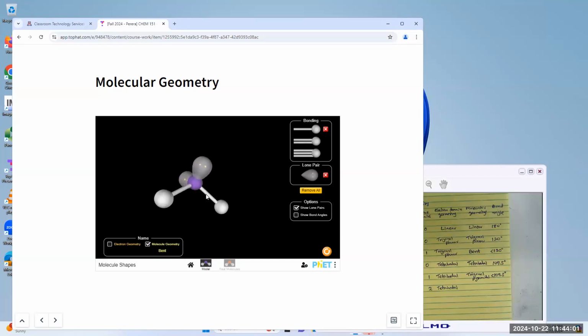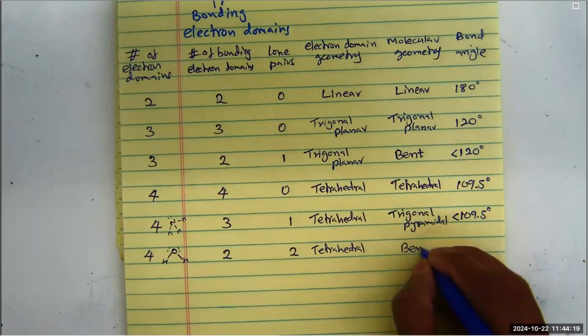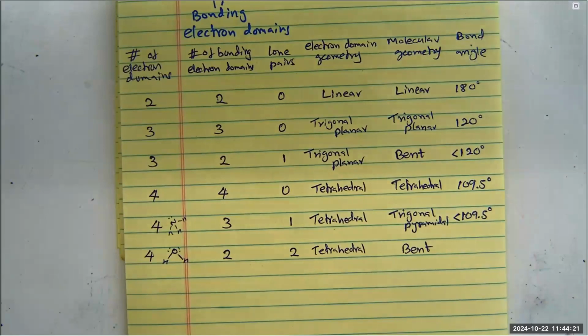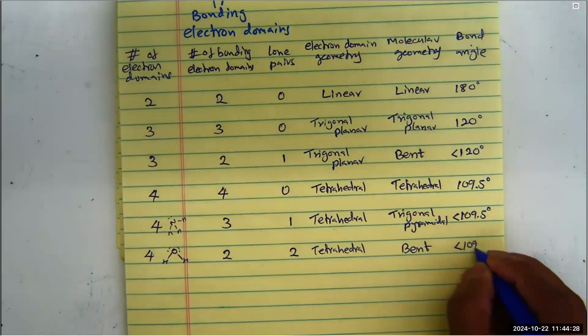What is the shape? If you forget about the lone pairs and just look at the atoms, what kind of shape does it make? Yeah, it's bent. It's called a bent geometry. And what's the bond angle? Anybody? The bond angle must be less than 109.5 degrees.